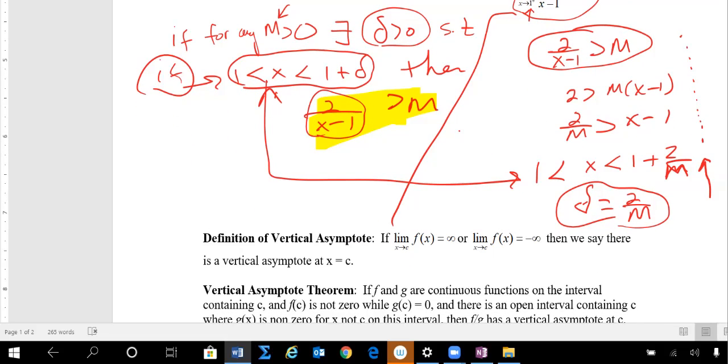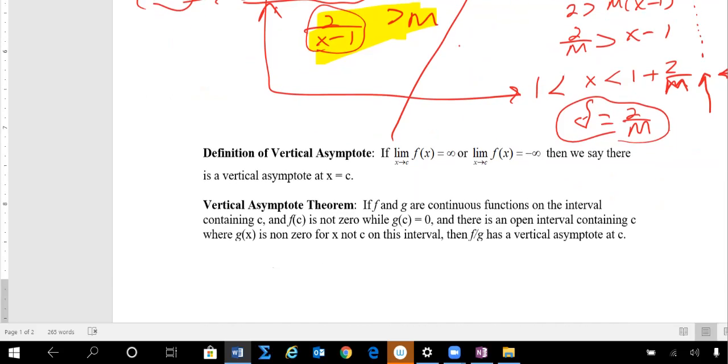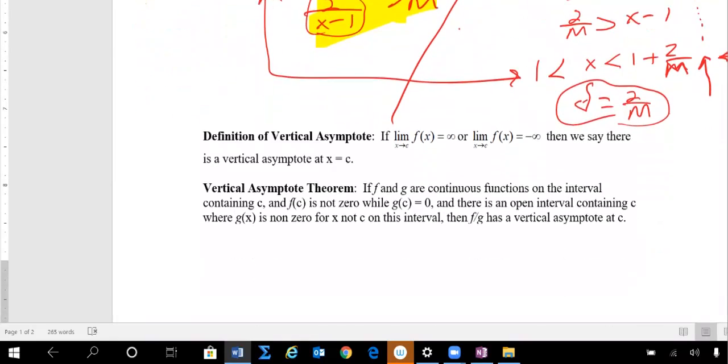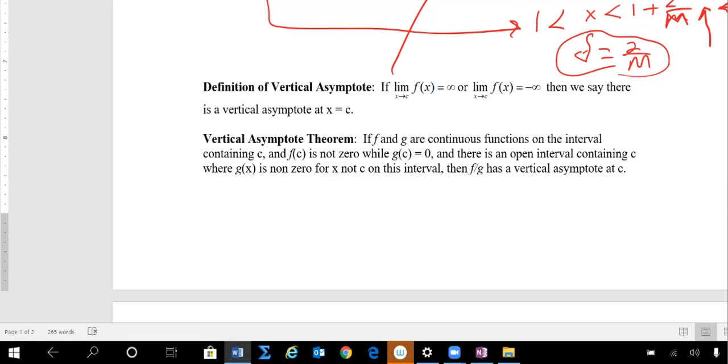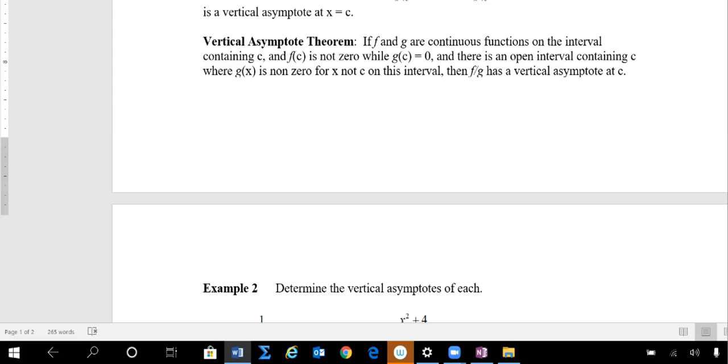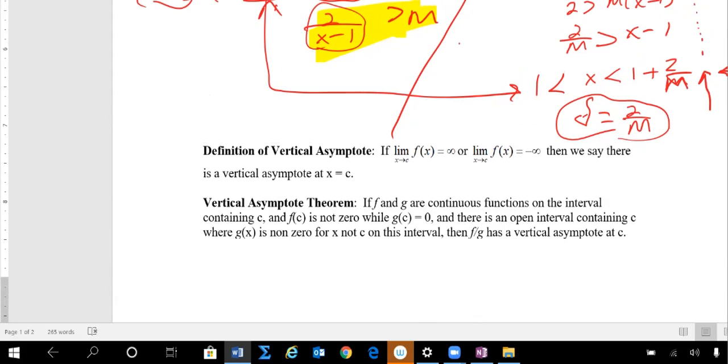So 2 over x minus 1 would be greater than m as long as I begin with this delta and this statement here. Okay, so that's a proof for that. Now, let's look at some of the other particulars here. I don't want to get too involved or make this video too long, so let's continue.